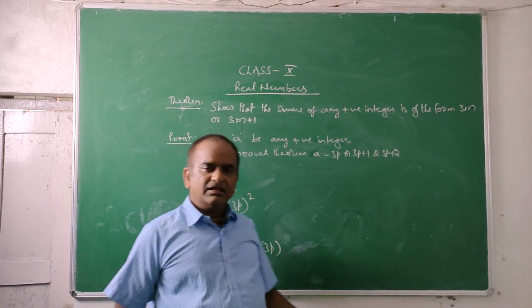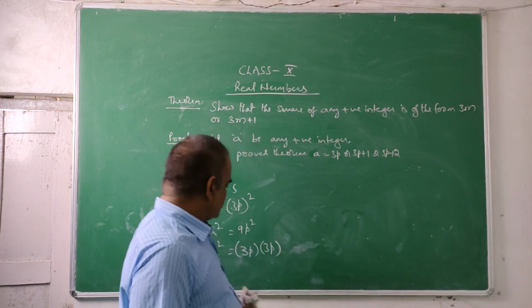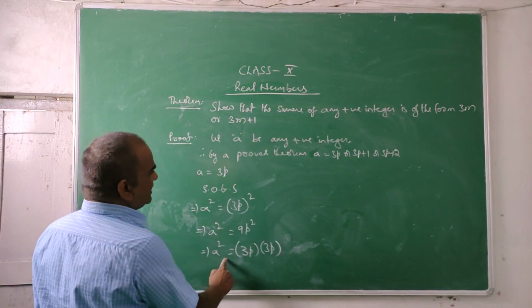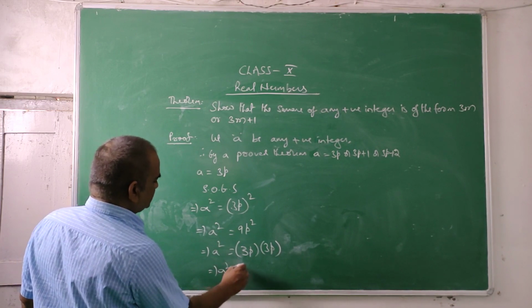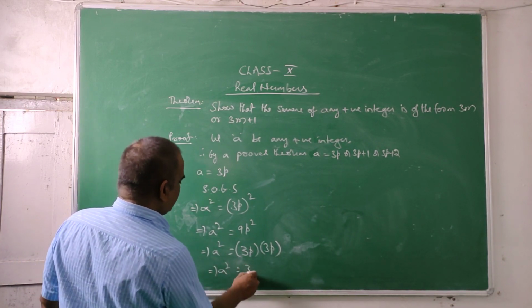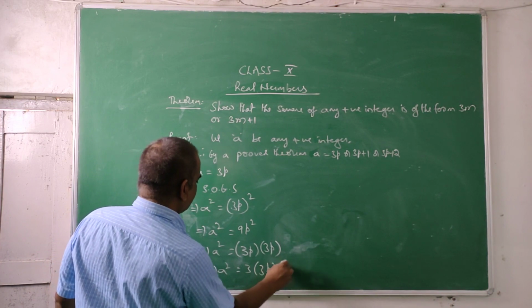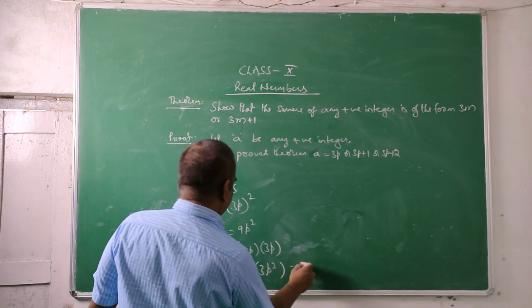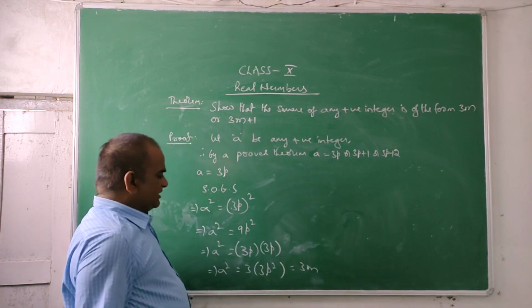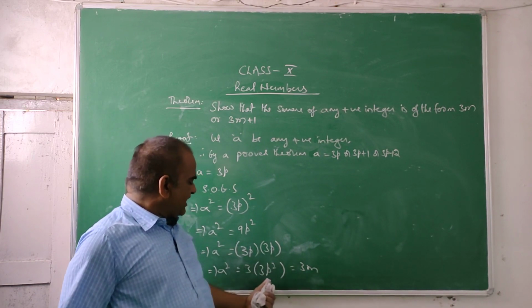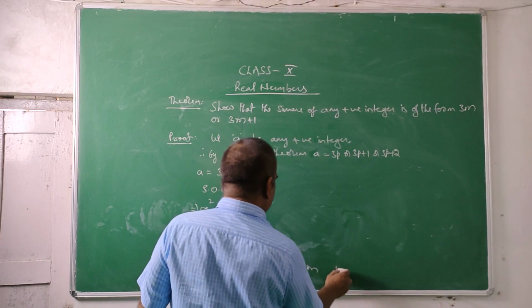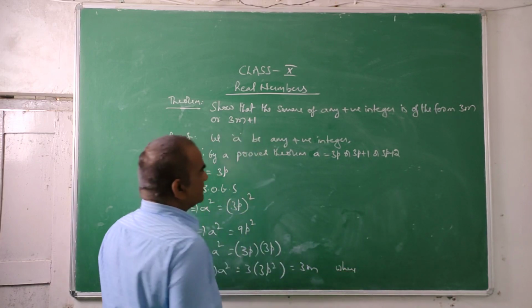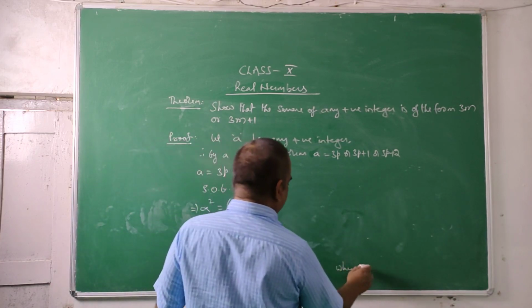So a square is equal to 3 into 3p square, which is equal to 3m. Here 3p square I have considered as m, where 3p square is equal to m.